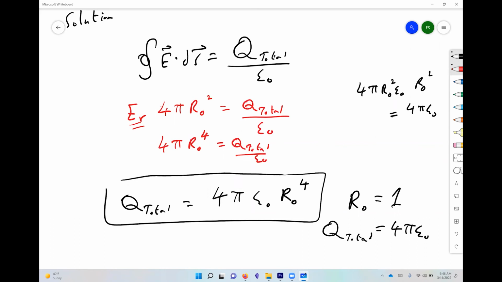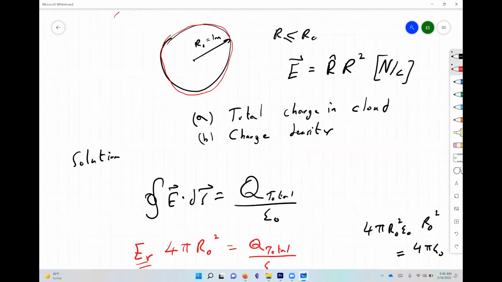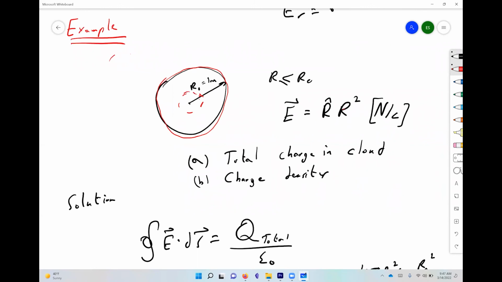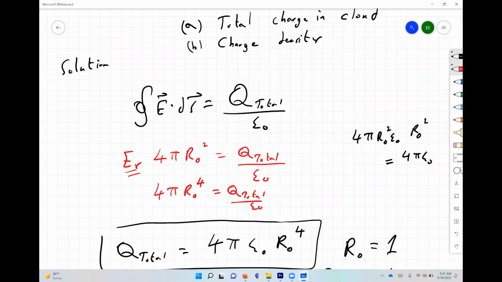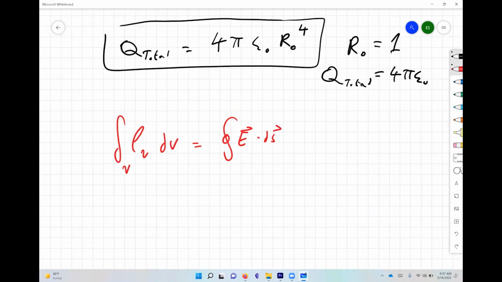So it goes through assuming an arbitrary Gaussian surface, and then knowing that the total charge enclosed inside the surface is going to be the integral of rho v dv over that volume, and that's going to equal E dot ds, right? And E dot ds you can calculate.